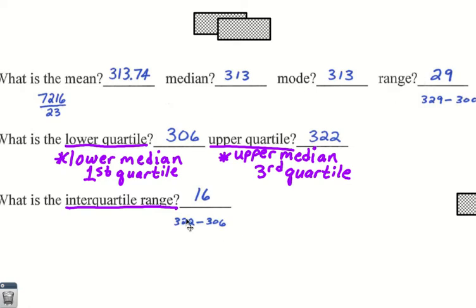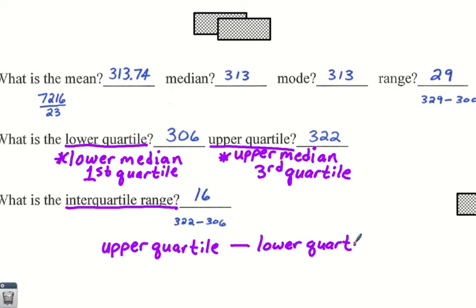It's just going to be the upper quartile minus the lower quartile. You might want to actually write this down. Upper quartile or upper median minus the lower quartile or the lower median.